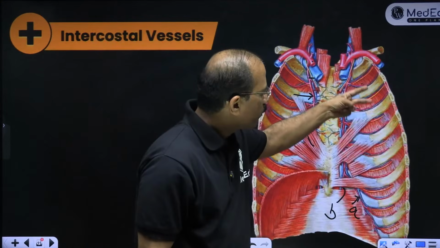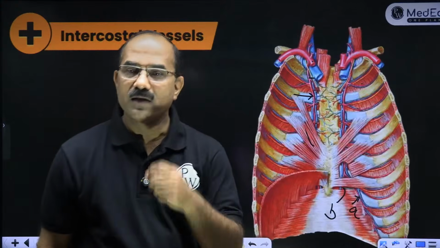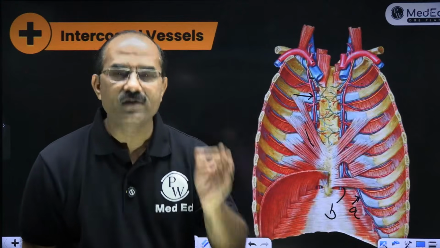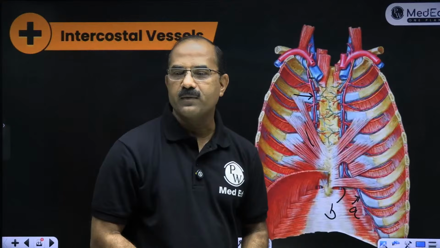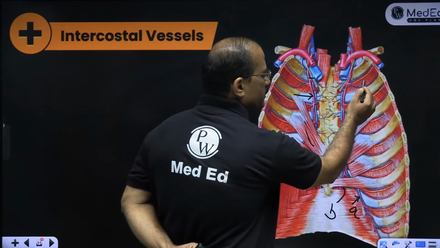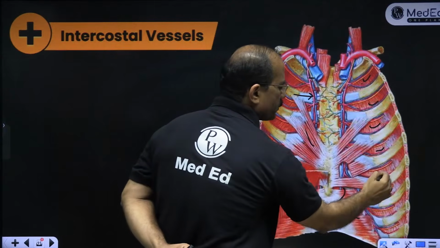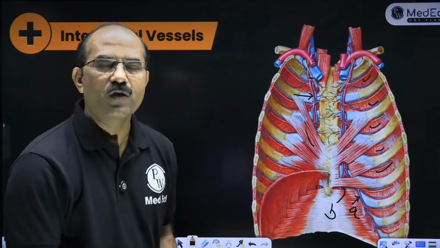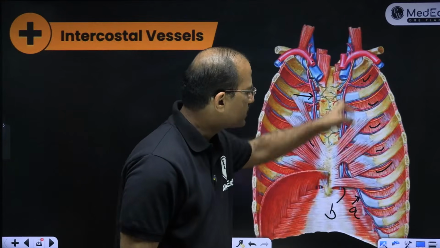Now who are these? What are these arteries? These are the anterior intercostal arteries. So now you tell me, anterior intercostal arteries in the upper six spaces are branches of the internal thoracic artery. In the lower spaces, whose branches are these? Musculophrenic artery.